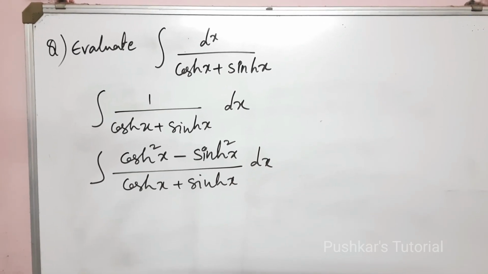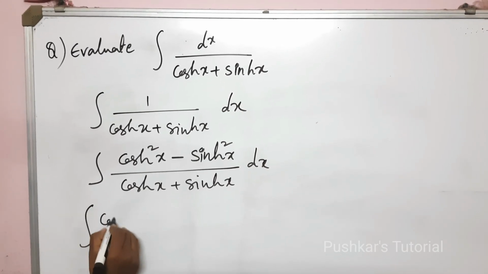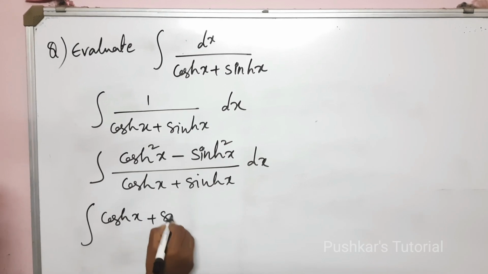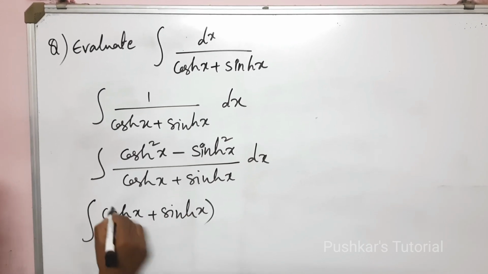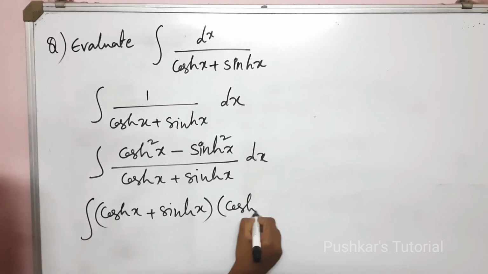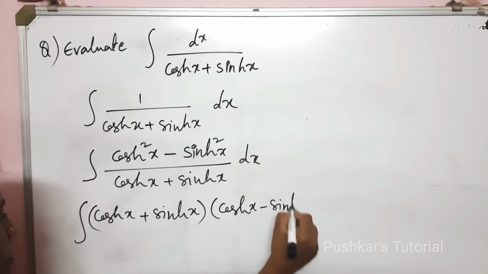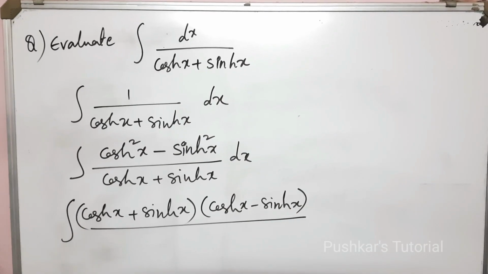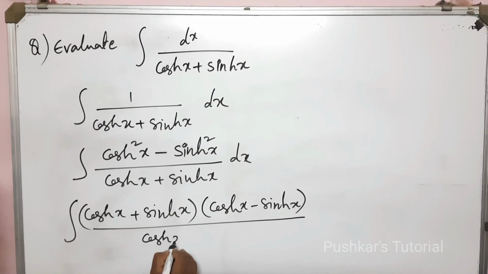The numerator looks like the a² minus b² formula, so (a + b)(a − b), and the denominator as it is.